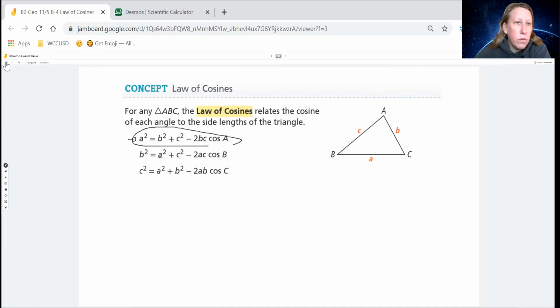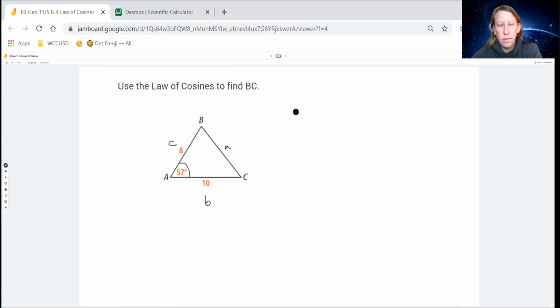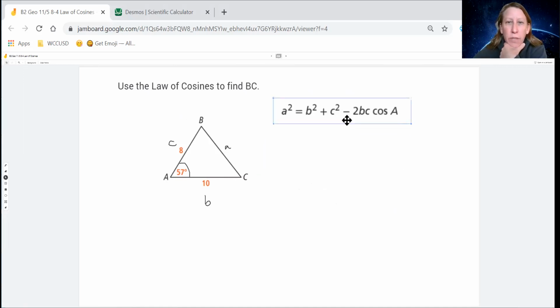I'm going to be really lazy and I'm going to copy and paste it. All right, there it is. That's the one I'm going to use because A is missing.